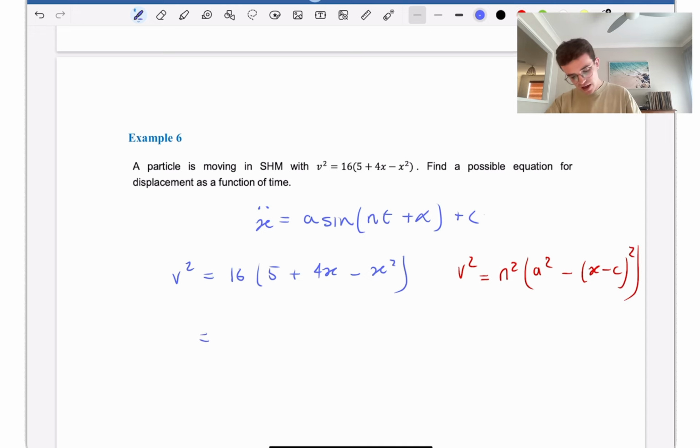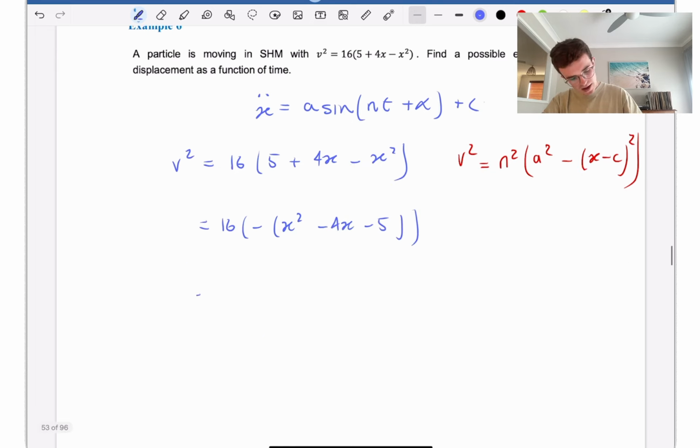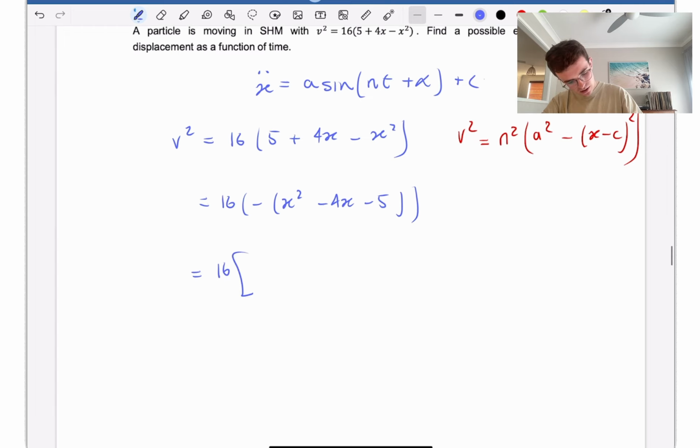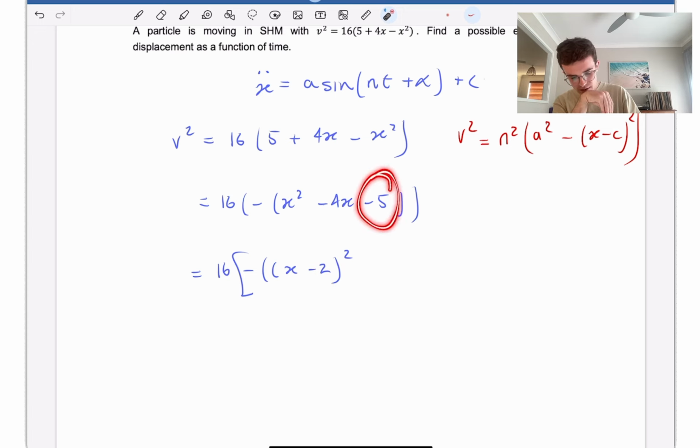Okay. To do that, we have to complete the square. So we might take out a negative factor and say this is x squared plus minus 4x minus 5. And if we complete the square, take out that minus, that's going to be x, might have another bracket there, square bracket, negative, x minus 2, completing the square, and that's going to leave us with a plus 4 if we expanded that, but we initially had a minus 5, so we need a minus 9 to get to minus 5.